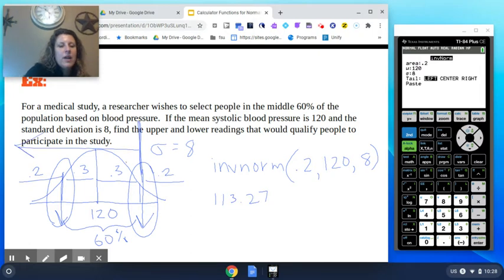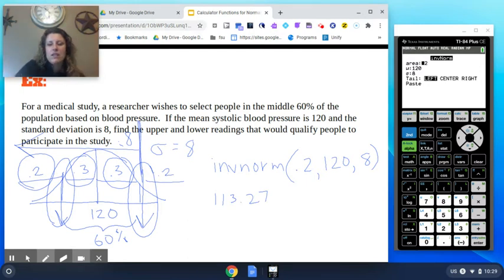So I would want this 0.3, this 0.3, or the entire 60% that we started with, plus the 20% in that left tail. So if we add that up, 60% plus 20%, that whole entire left shaded region would be 80% of the graph that would be shaded. So 0.8 is the area to the left.